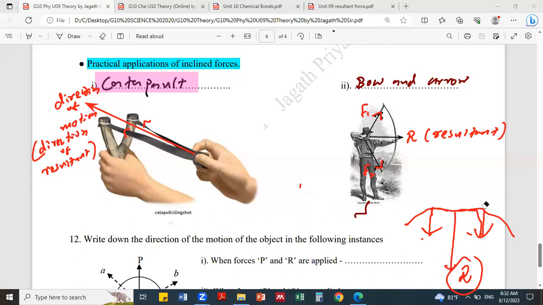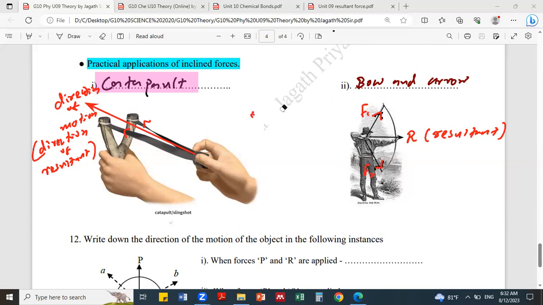There are many other instances. For example, you hang a frame picture on the wall, students. When you hang a frame picture, you get inclined forces.